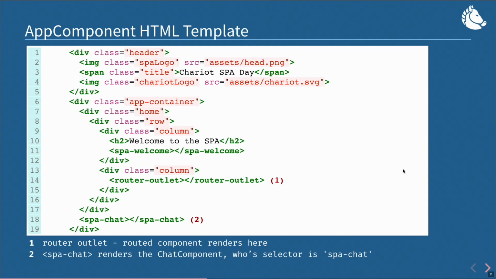There's also a thing called a router outlet. And as I mentioned, Angular has its own router built in. Router outlet is where a component that is routed to will render. So a typical simple Angular application has this app component with a router outlet and then a handful of top-level components that get routed to, and they all show up right there.